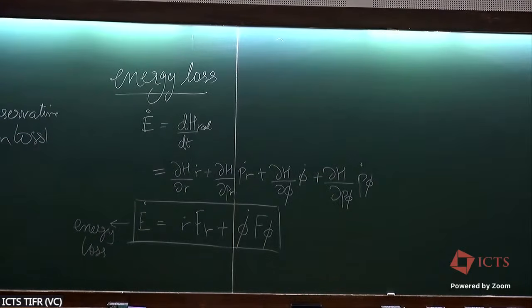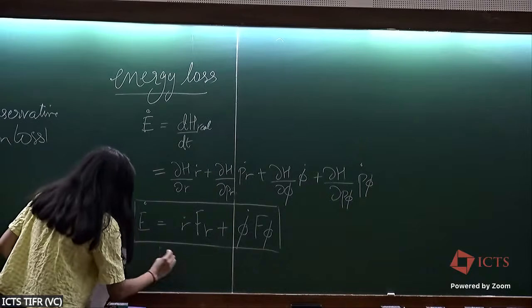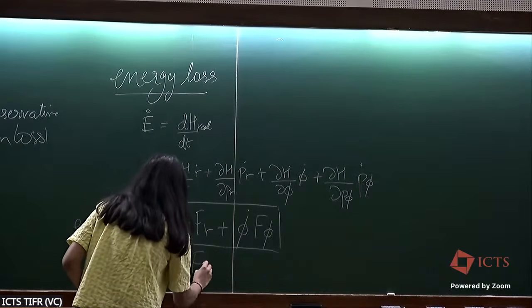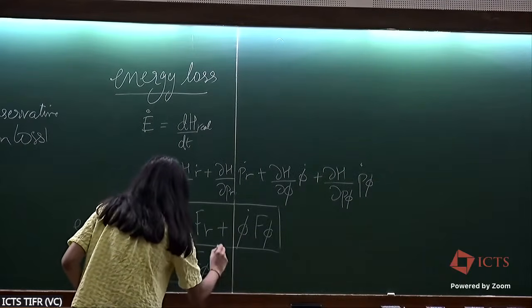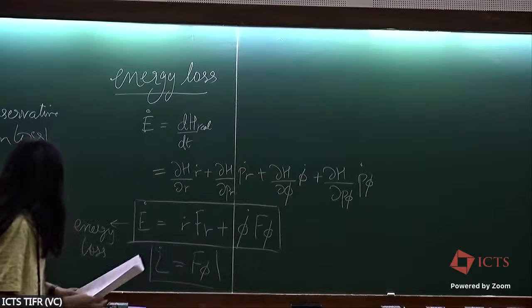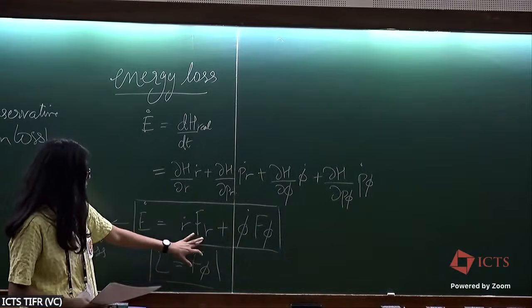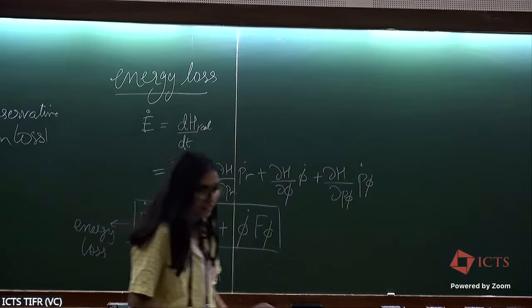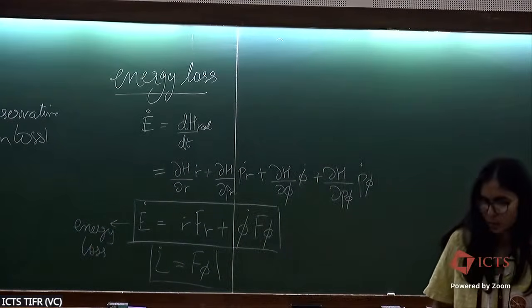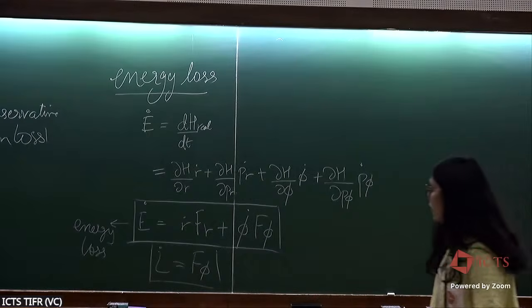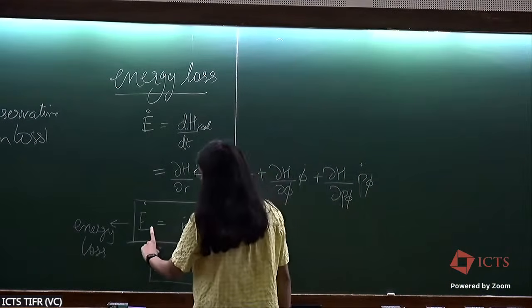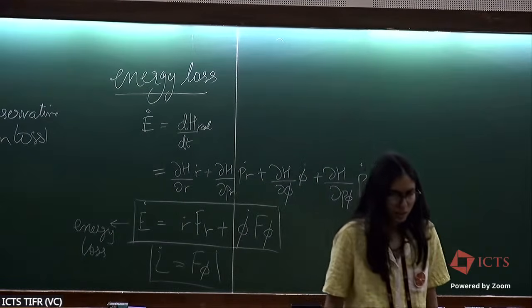And I have angular momentum loss from here, which is L dot equals F_phi. Once I have this energy loss in terms of F_r and F_phi, and L in terms of F_phi, and if I know the energy loss and the angular momentum loss, then I should be able to find what these radiation reaction forces should be, which will lead to this energy and the angular momentum losses.